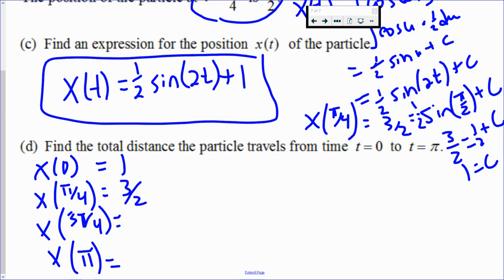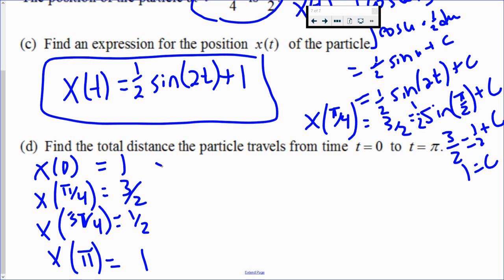Let's try 3 pi over 4. 1/2 times the sine of 2 times 3 pi over 4. That becomes sine of 3 pi over 2. Sine of 3 pi over 2 is negative 1. So 1/2 times negative 1 is negative 1/2 plus 1 gives us 1/2. And then x of pi. Let's try this one. 1/2 times the sine of 2 pi would be 1/2 times 0 plus 1 gives us 1.